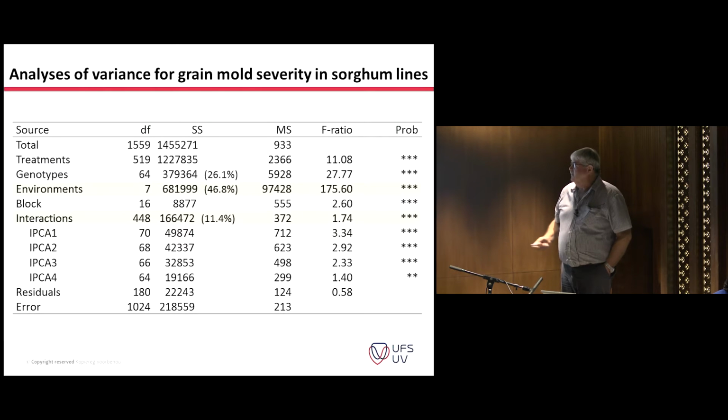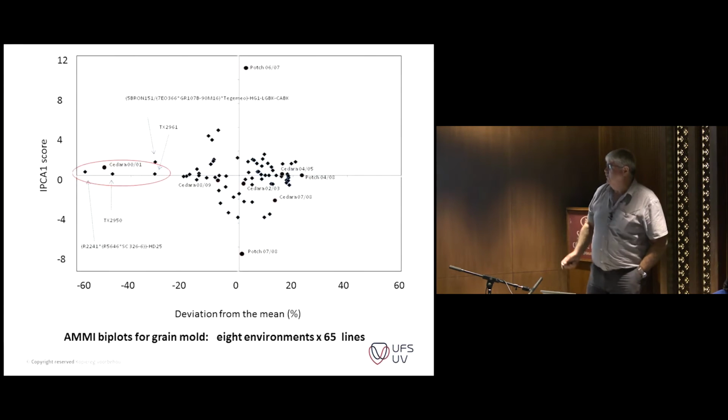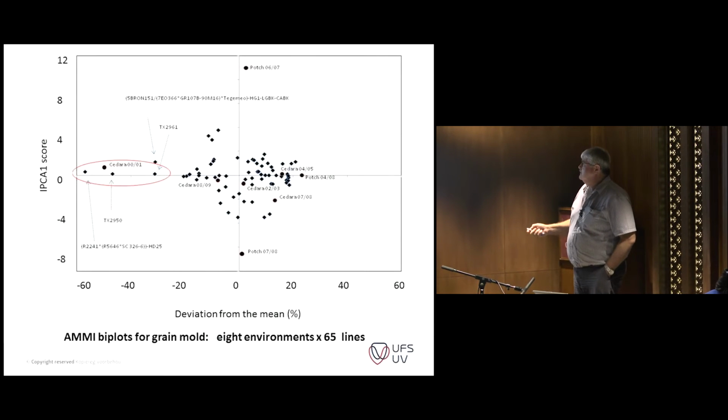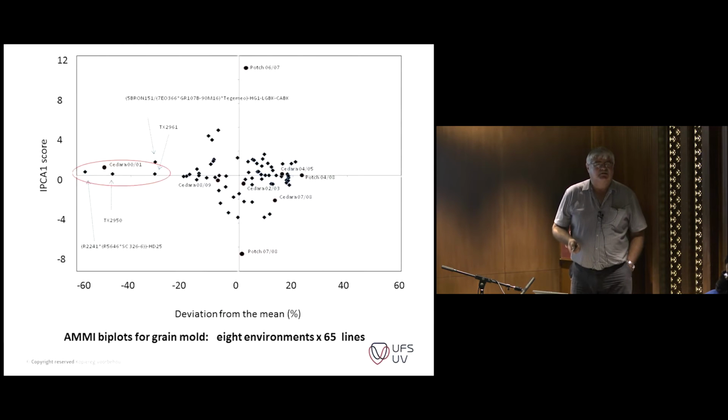That's where AMMI becomes very good, because it does the environment genotype interaction analysis, but it also then works out principal components. Very briefly, based on the principal component or IPCA score that it works out, you can work out how stable or unstable the genotype response is over environments. Here I've got different localities where I did trials, and if I remember, in this trial there were 67 entries.